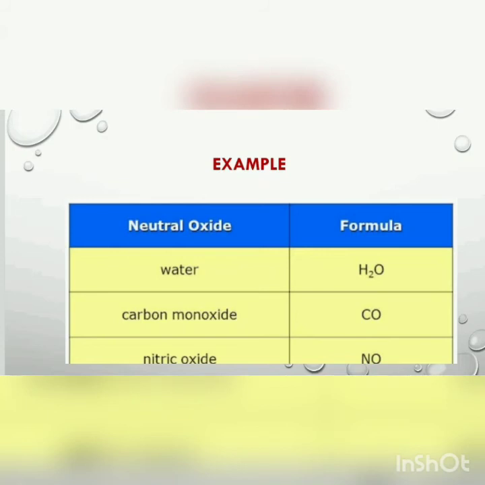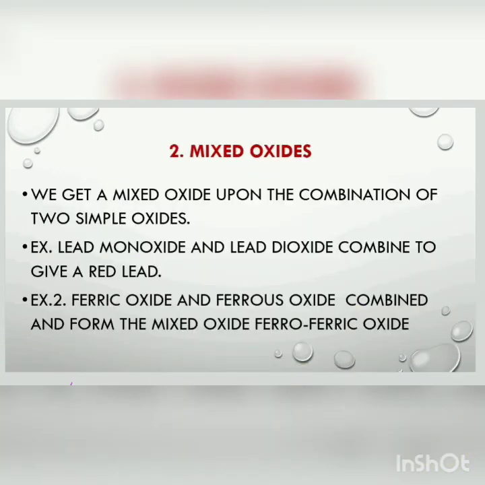Examples of basic oxides are lithium oxide, potassium oxide, and calcium oxide. Neutral oxides are water, CO and nitrous oxide. And the examples of amphoteric oxides are aluminum oxide and zinc oxide.